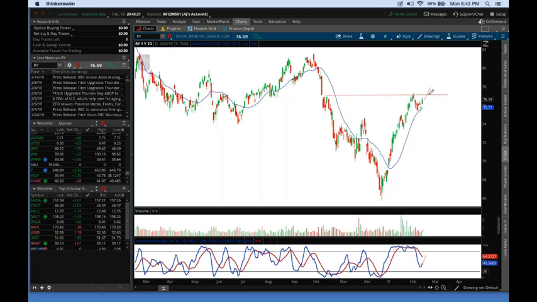It could very well get back up to $78.80. At that point, you have to make sure that you're not going to go back into a losing position. So if it gets anywhere close to your entry point, I would trail the stop up to protect yourself on the way down.